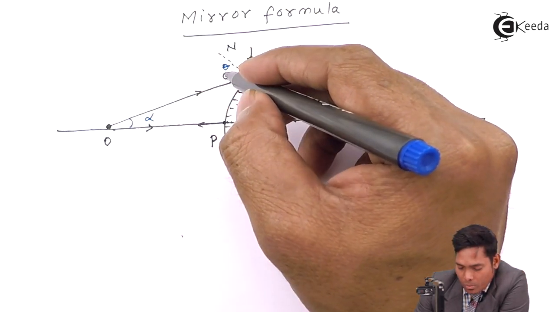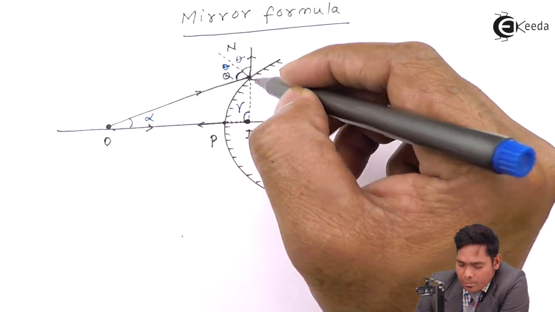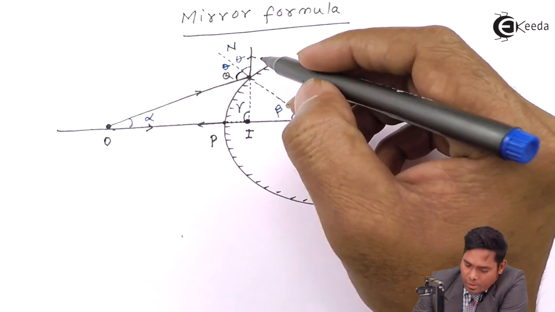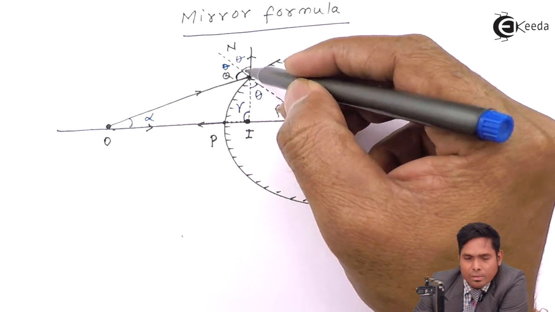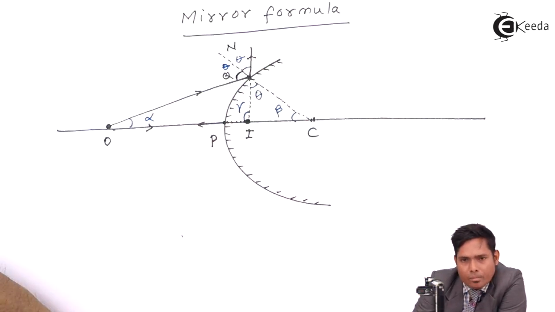This point is Q, this angle is theta, and this angle is also theta, as you can see this is an alternate angle.